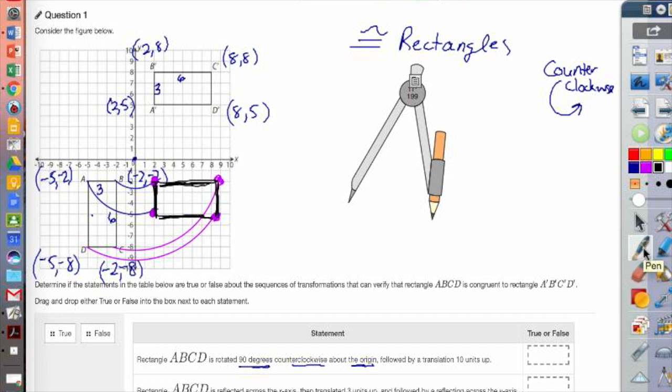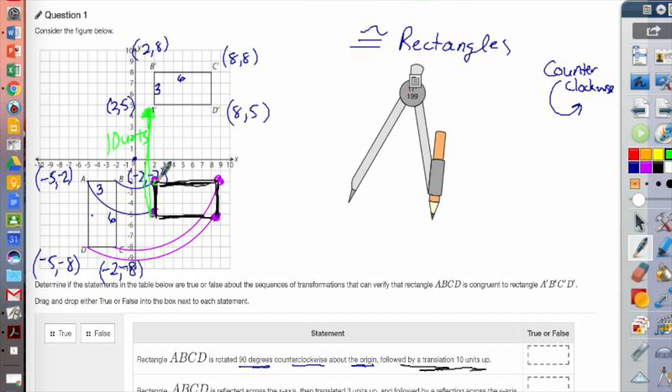The rest of this question says, followed by a translation 10 units up. So if I count, this is at -5 and A prime is at +5. Well, that's a difference of, from here to here, is 10 units.